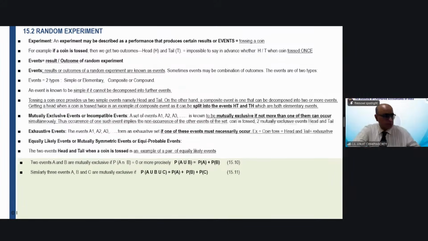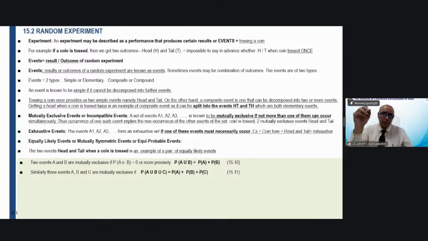So the first one we see here, two events A and B are mutually exclusive. That means P, the probability of A and B simultaneously occurring, is 0. So you can see you have already learned about set theory. You know intersection of two sets. You are conversant with the union of two sets.